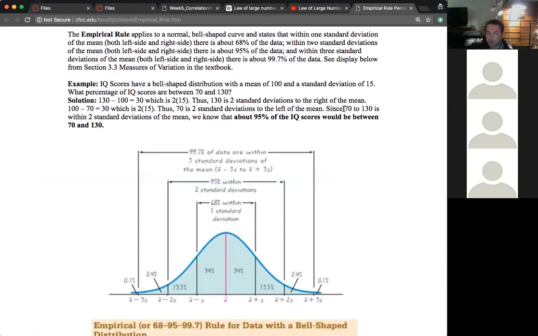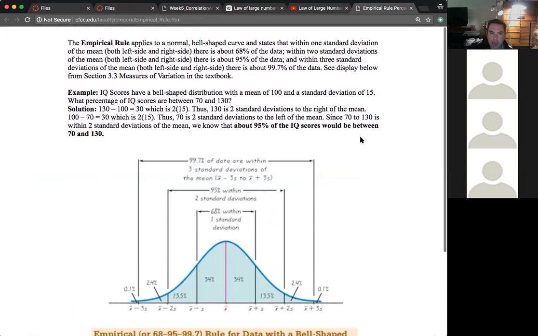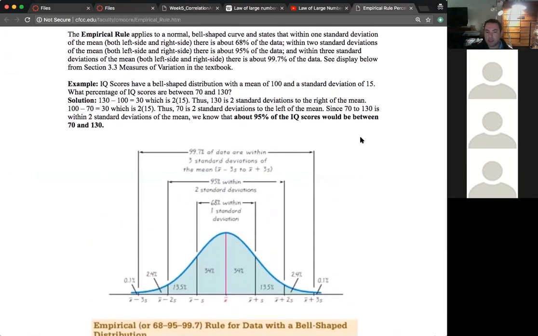And we'll have more material that builds upon this, but the idea of why the empirical rule works is that statisticians came up with these rules, and the whole concept is built upon the law of large numbers and the central limit theorem, which says that as your sampling increases, your data is going to get more and more normal, and it's going to fit this distribution more and more.